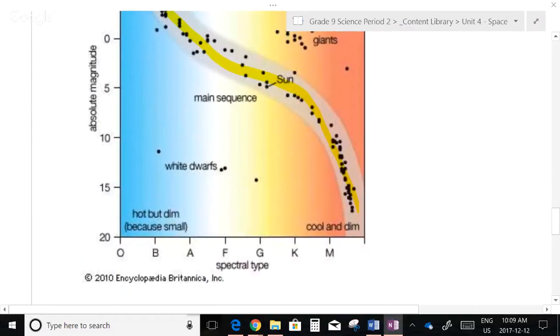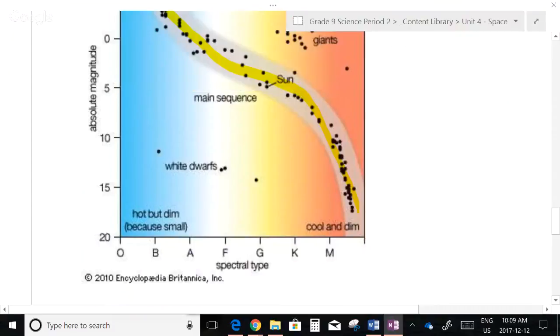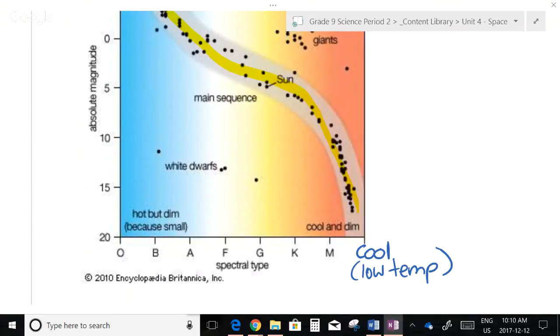And basically, it works like this. Here we have cool stars, low temperature. How do you know it's low temperature? Because they're red. Good.